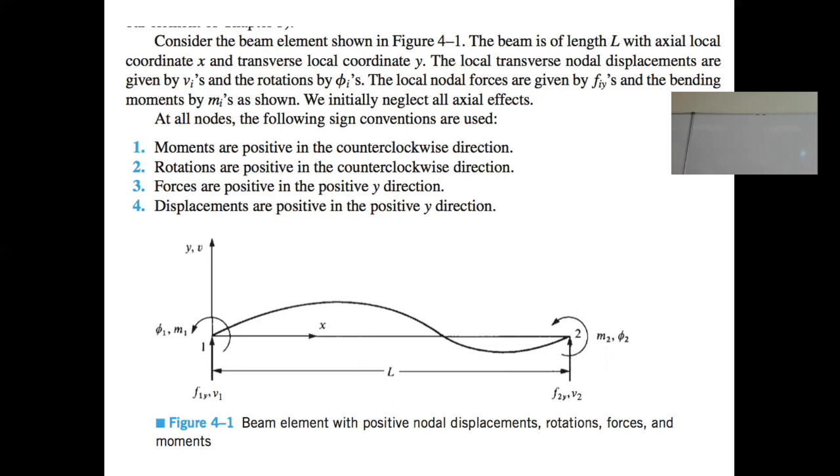Just like before, we said displacement function. This is the deflection function. The deflection function will be equal to N1 times V1 plus N2 times phi1 plus N3 times V2 plus N4 times phi2, the shape functions. And phi1 is dV1/dx, and phi2 is dV2/dx. Okay, very good.